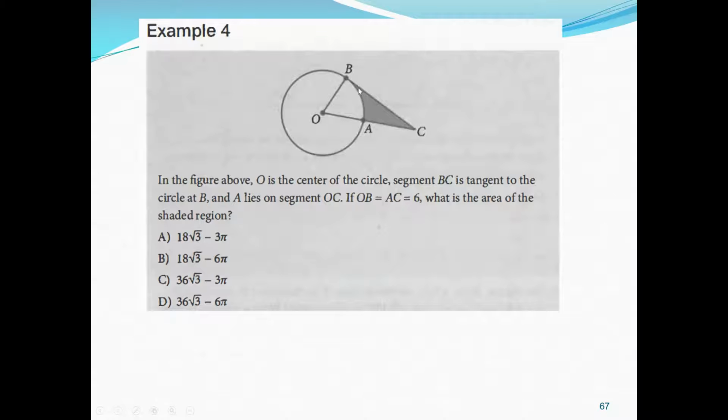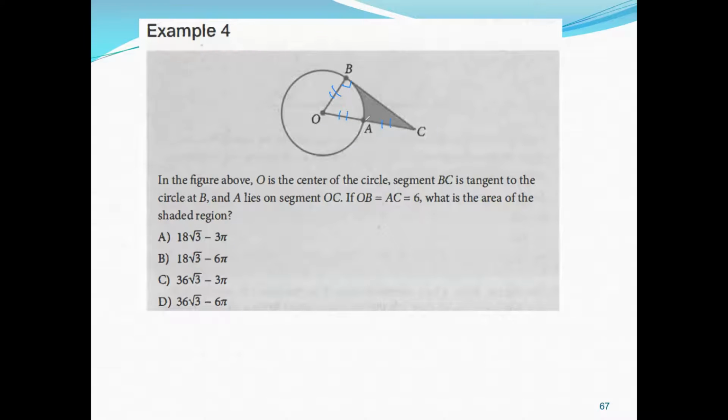So here, I probably should use my pen. So here we have a right triangle, right? That's given. And we know these three lines are equivalent.